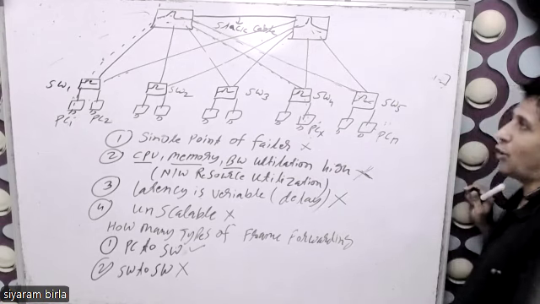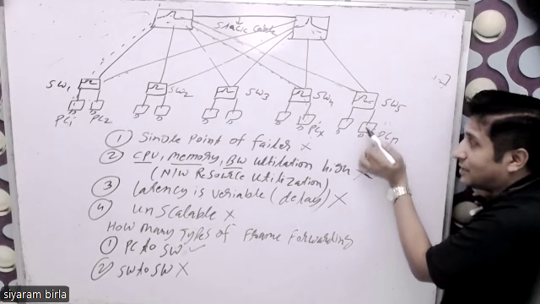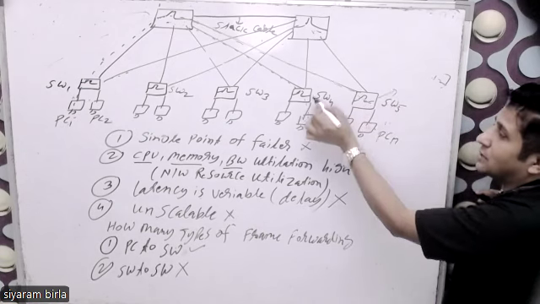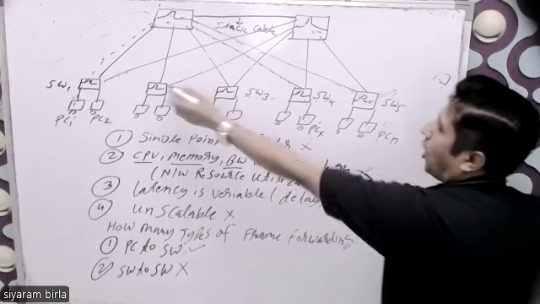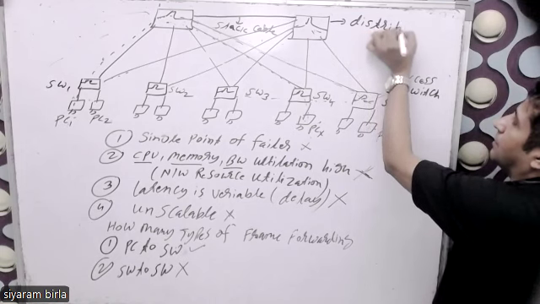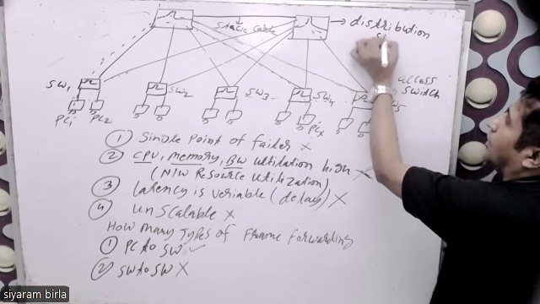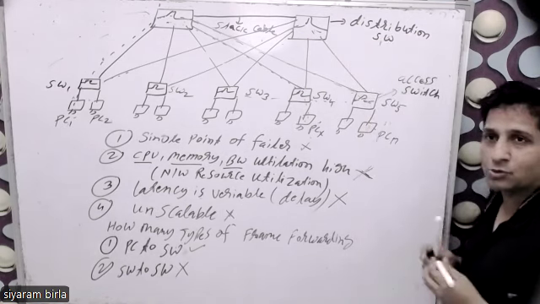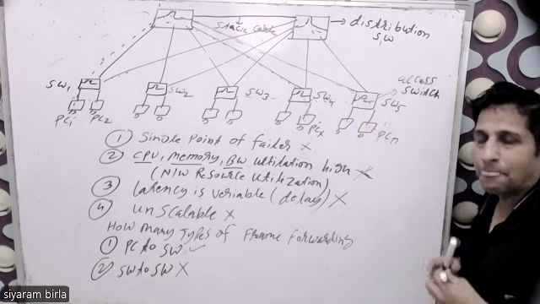These are accessing the PCs, the hosts. That's why all the switches below, like switch 1, switch 2, switch 3, switch 4, are called access switches. And these switches, which have a lot of memory and processor, are called distribution switches.